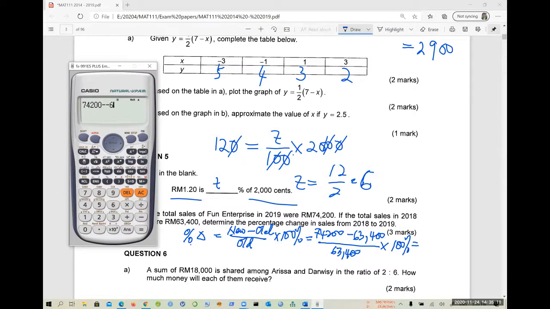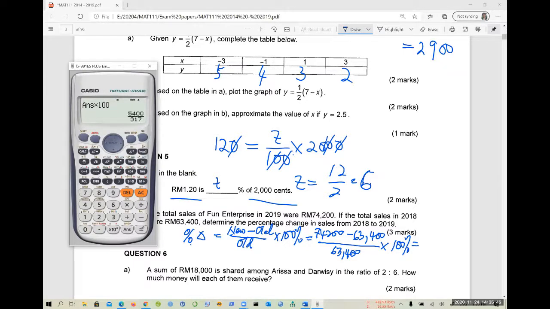Minus 6, why is that? Alright, oh, I added one more. Okay, equals 10800, and then take this value and divide by 63400. You have this value, and then you multiply with 100.